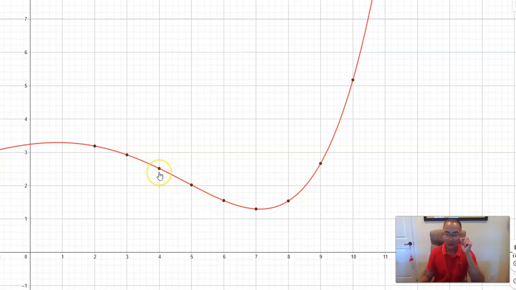Okay, but this is y2, y3, y4, so y2 plus 4y3 plus y4. Okay, so I hope you noticed y2 appears twice. Once for the first parabola, where we have 1, 4, 1, and one more time for the second parabola, where we also have 1, 4, 1.